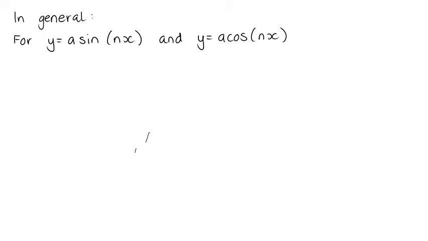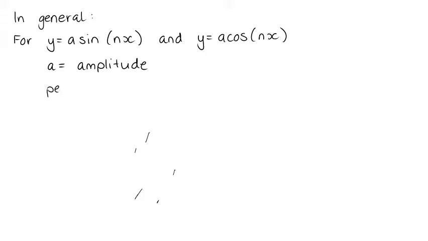Right, so these are our two basic formulas for a sine and a cosine graph. Y equals a sine nx and y equals a cosine nx. A equals the amplitude, which is the distance between the midline and the maximum.